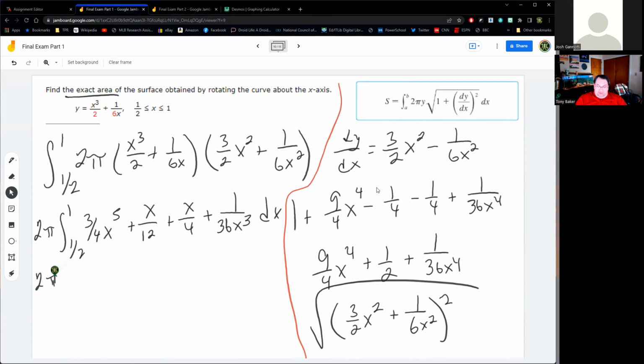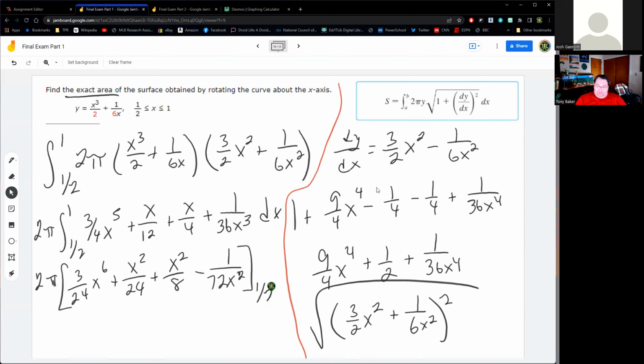Do my integral. So we get 3/24 x to the 6th plus x squared over 24 plus x squared over 8 minus 1/72 x squared, from 1/2 to 1.